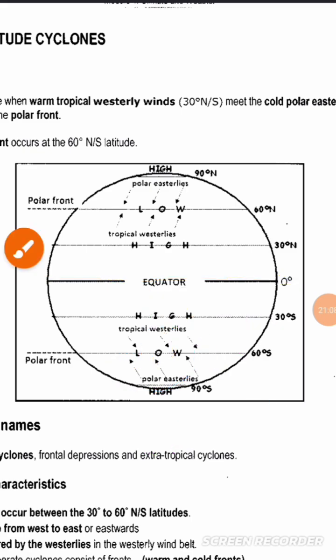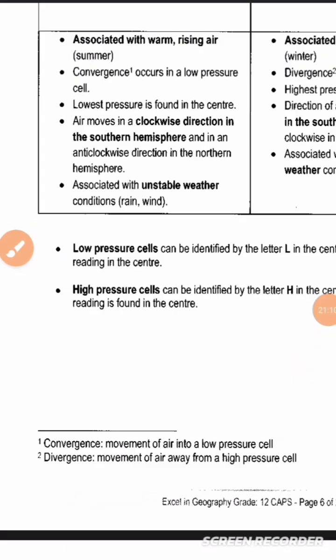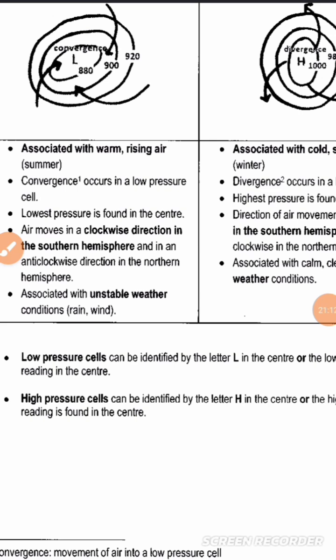So let's move. We've seen that air moves in a clockwise direction in the southern hemisphere around a low pressure.